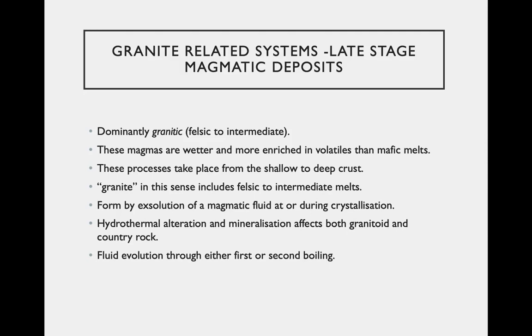In turn, these magmas are generally wetter because water does the same dynamic. It likes to stick in the melt, and so it concentrates into these felsic systems. And the processes occur at various depths, but generally they are most common at the upper crust.